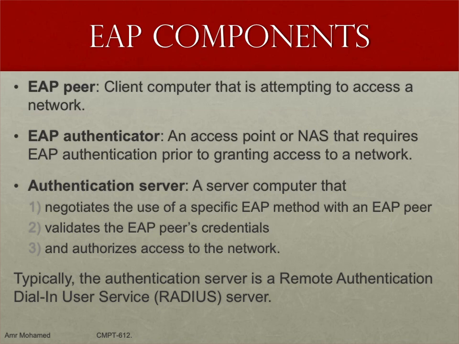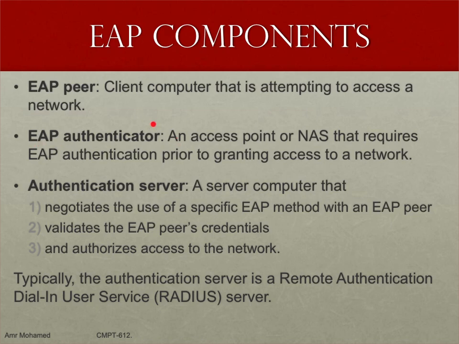So EAP defines this terminology, what we call the EAP peer. The EAP peer corresponds to the access requester, or the client system that tries to authenticate itself. It's the computer that is attempting to access the network. And there is the EAP authenticator, an access point or a network access server that requires EAP authentication prior to granting access.